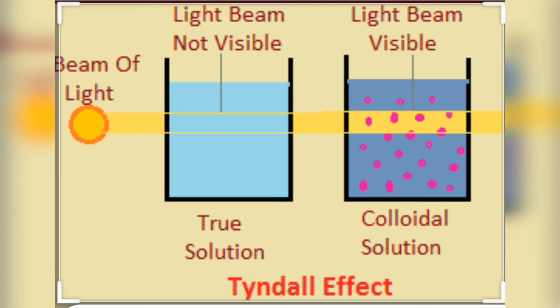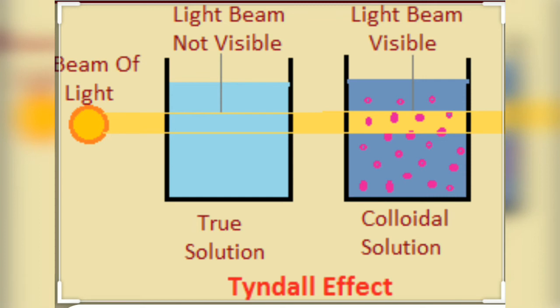What does it mean? Your dispersed phase, that is the particle, and your dispersion medium, for example the dust particle is your dispersed phase and air is the medium in which it is flowing, should have a difference in magnitude. If there is no difference in magnitude, it will be very difficult for you to observe the Tyndall effect.